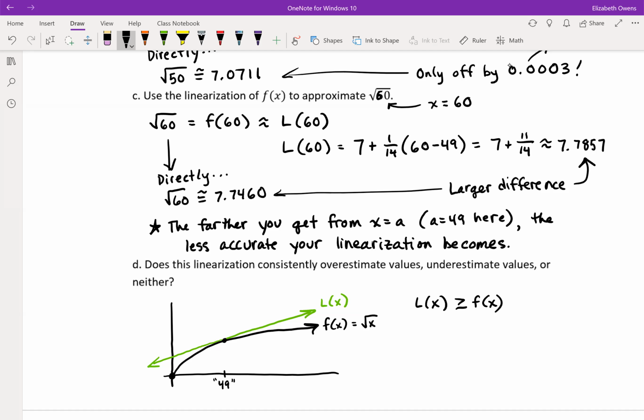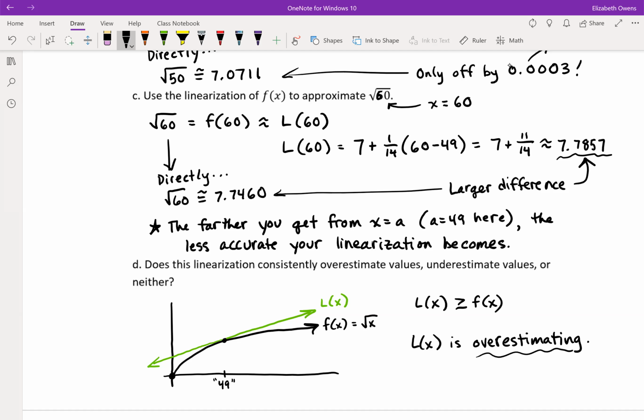So that gives us the result here that L of x is going to be consistently overestimating because the values are always a little bit too large. Overestimating.